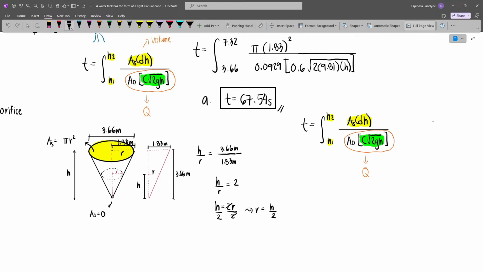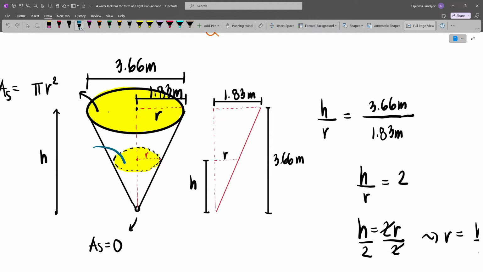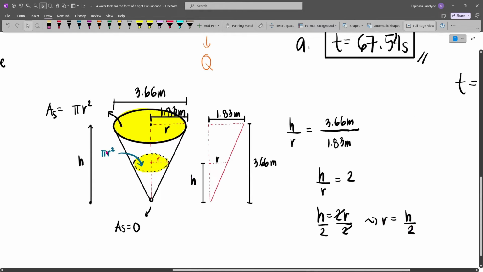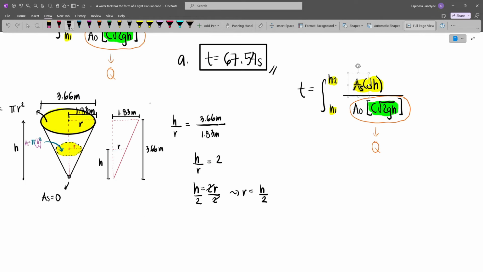Nabalik tayo dito. Diba, yung AS is the surface area at any point. Now, since we already have the radius, diba, if we'll consider this element, yung area niyan is still pi r squared. But since we have r in terms of h, papalitan natin to. This will be h over 2. And so this will be what we will substitute dun sa AS. And so we have t from h1 to h2.